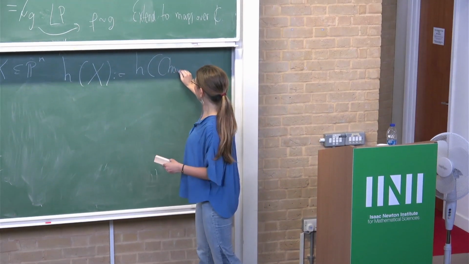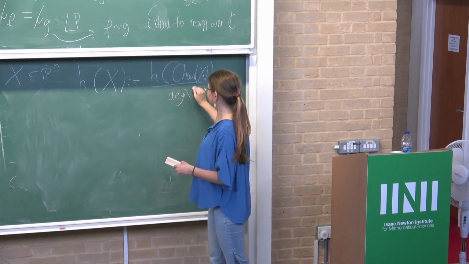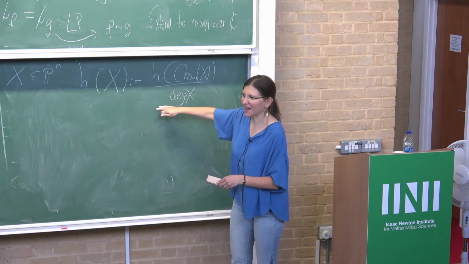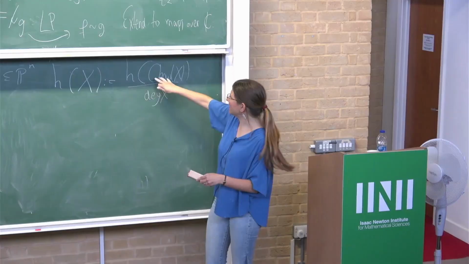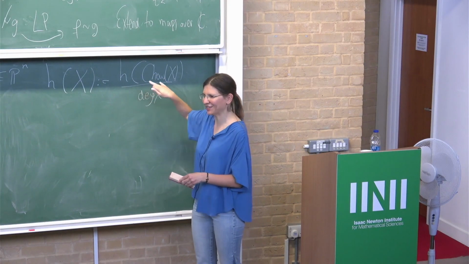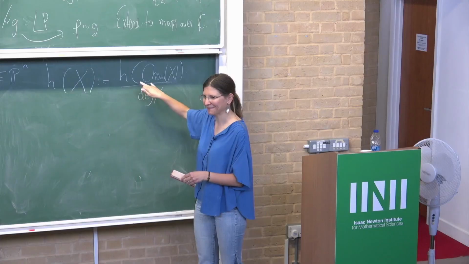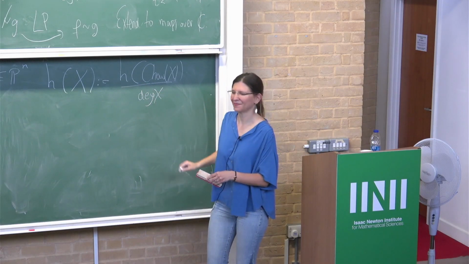It's like the Chow form over, say, the degree of X. Too much algebra. Suppose that X is a curve or a hypersurface, then this is just the height of the coefficients of the equation defining the hypersurface.